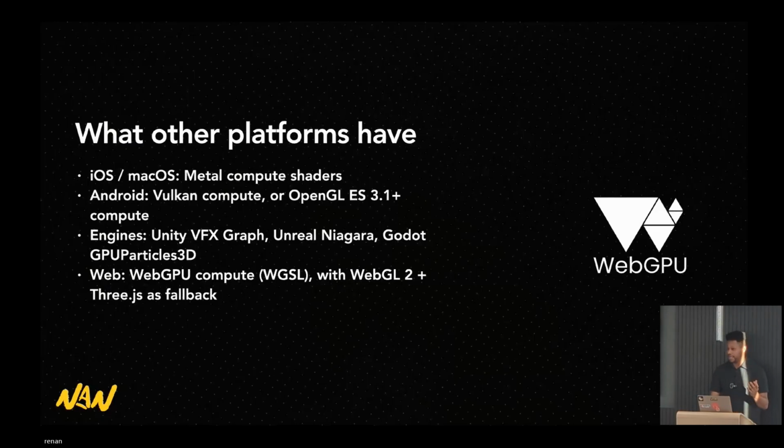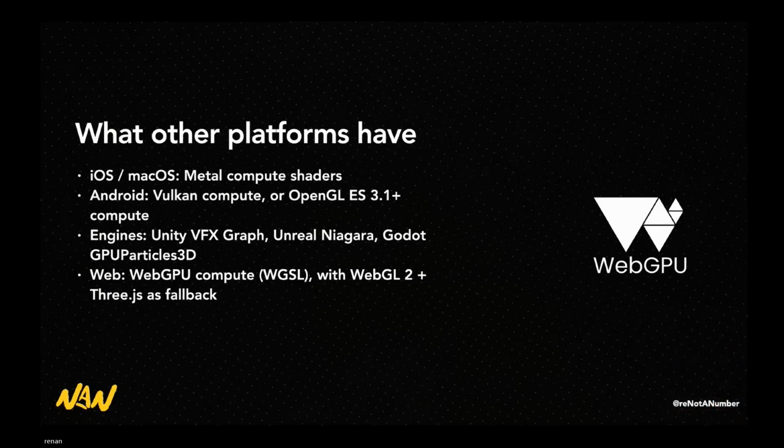The GPU is ideal for that because it does things in parallel. It's made for that. We could even render millions of particles on a mobile device without too much hiccup in performance, even at 60 frames per second.